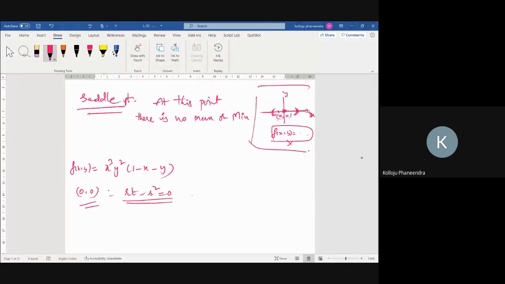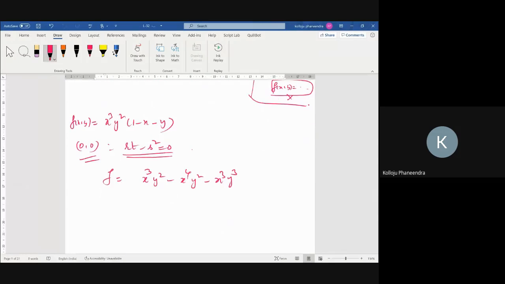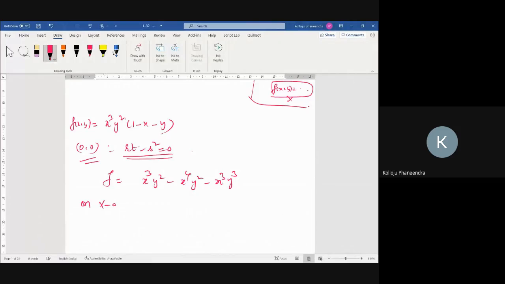See, in the small neighborhood of 0, what is this function? f is x cube y square minus x power 4 y square minus x cube y cube minus x cube y cube. Then consider the x-axis, where y equals 0.